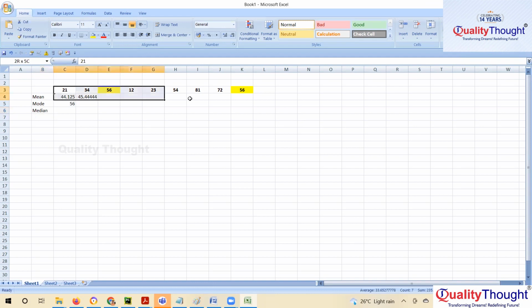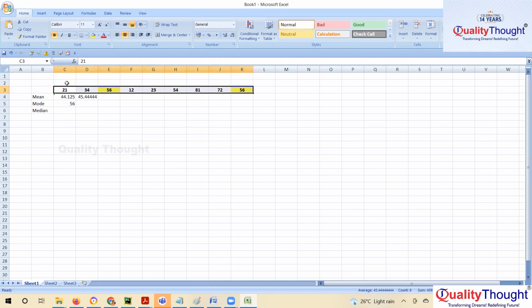What is the median here? 56 is the median.